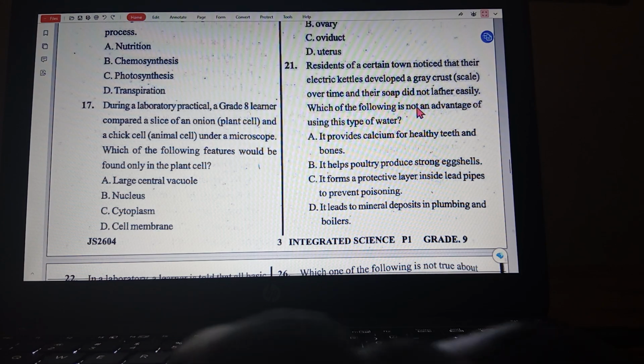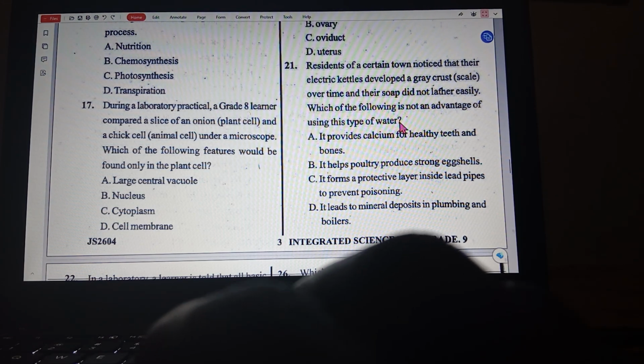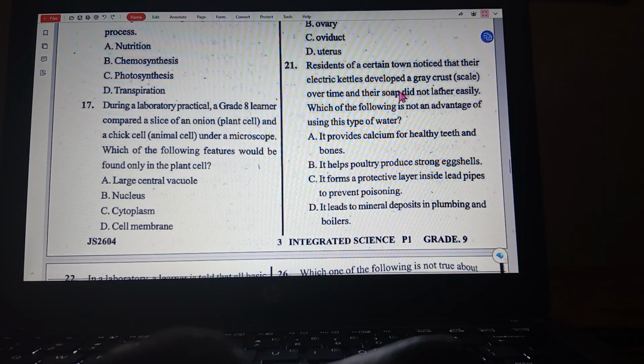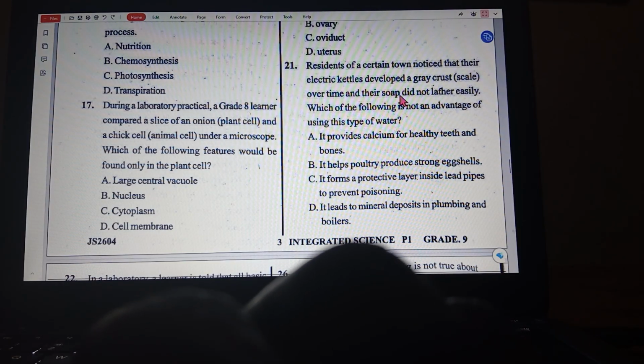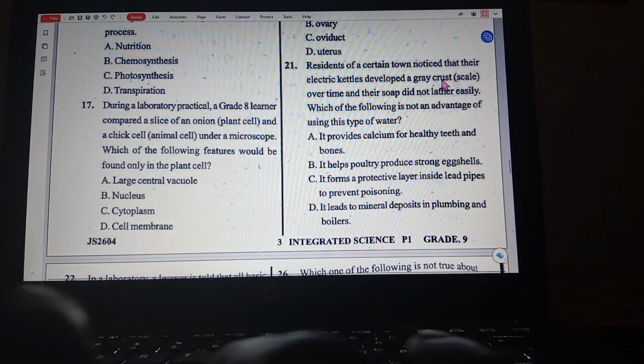Which of the following is not an advantage of using this type of water? Now, which type of water does not lather easily with soap? Of course, this is hard water. Which type of water forms scales? It is hard water. So we already know that the type of water that forms scales and does not lather easily with soap is hard water.